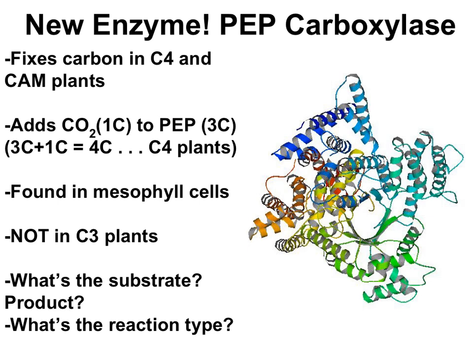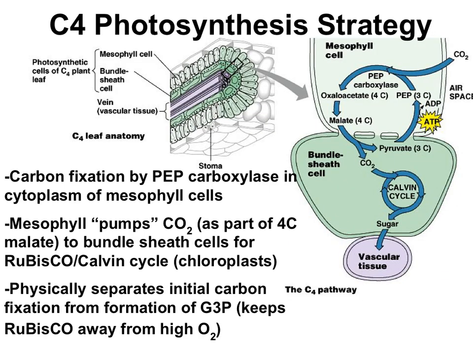And that results in the generation of a 4-carbon piece. This 4-carbon piece right here is how C4 plants get their name. Remember, PEP carboxylase is found in mesophyll cells of C4 plants and not in C3 plants. So in C4 plants, PEP carboxylase only works to fix carbon in the cytoplasm.